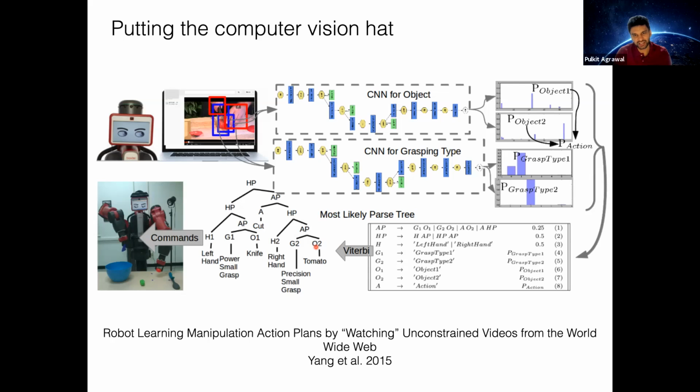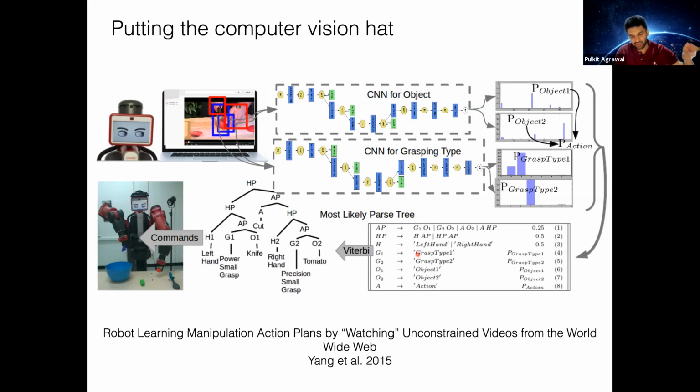They would develop a taxonomy for action types. They would identify what the important objects are. Then they would get things like left hand, right hand, what those grasp types are, what objects they're manipulating, and what action they're taking, right?